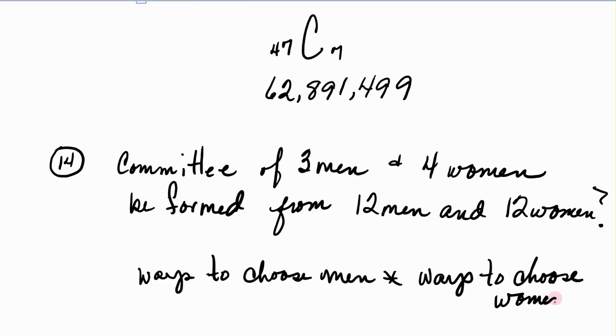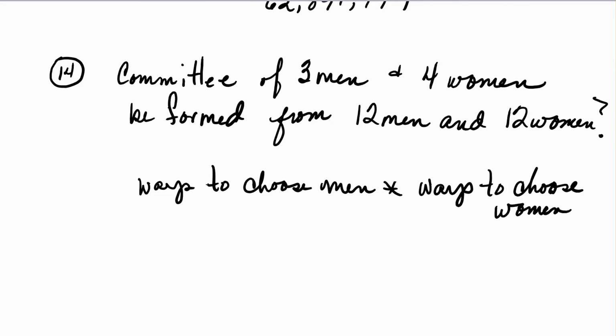That's actually the fundamental counting principle. So how many ways can we get men? Well, we've got 12 men, and we're going to take 3 of them. And order doesn't matter, so that's going to be the combination of 12 taken 3 at a time.